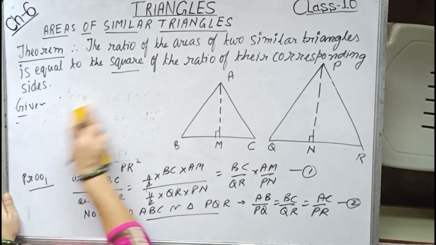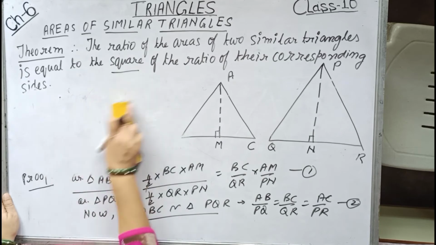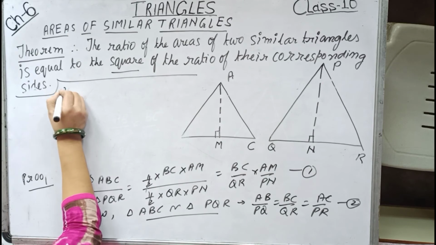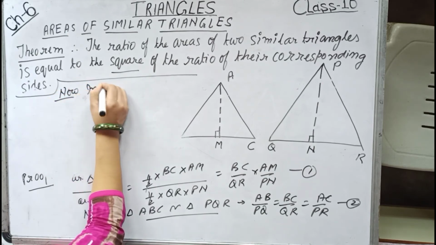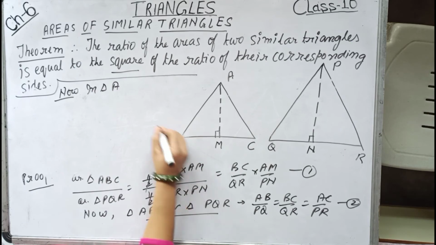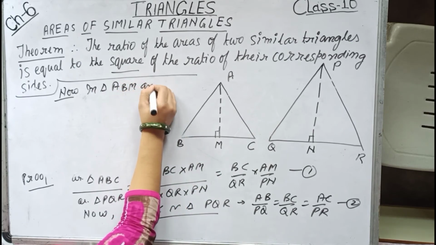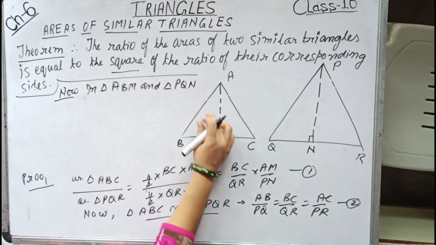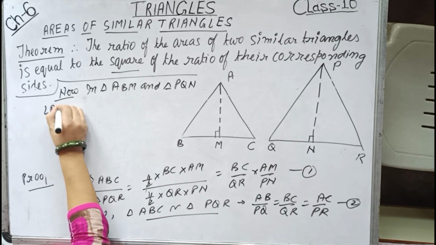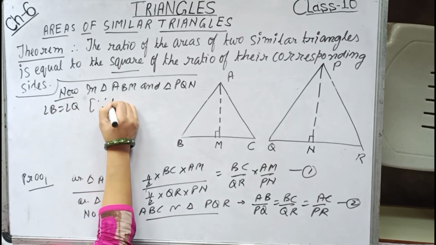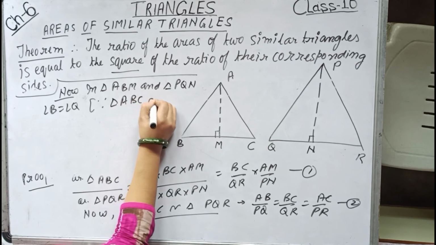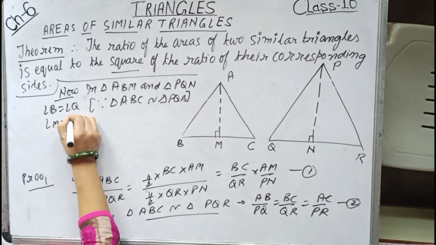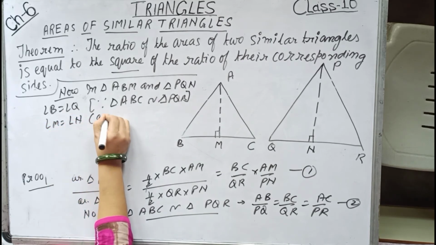Now in triangle ABM and triangle PQN, these smaller triangles, angle B equals angle Q. Why? Since triangle ABC is similar to triangle PQR. Also angle M equals angle N, is 90 degrees.